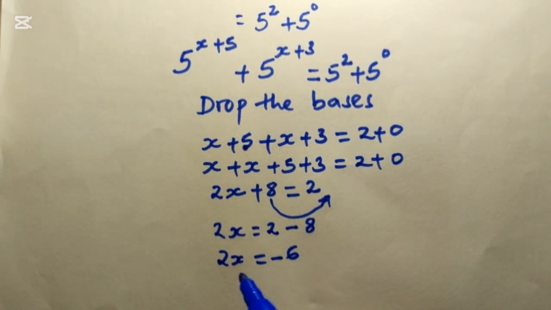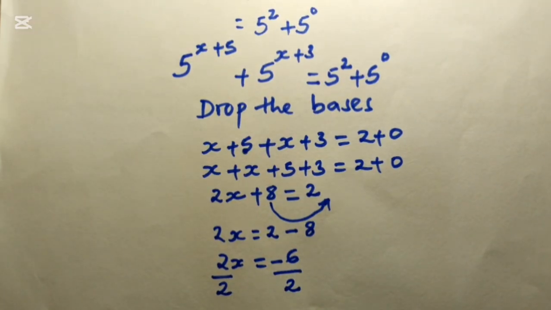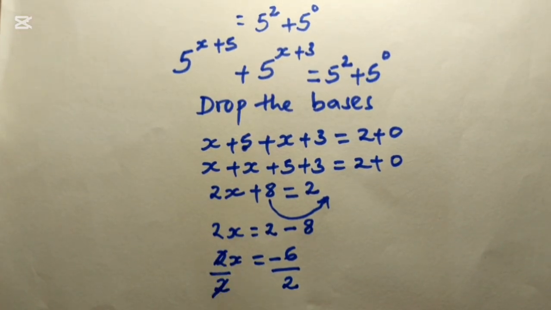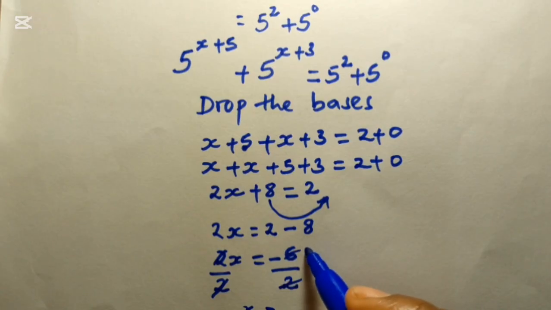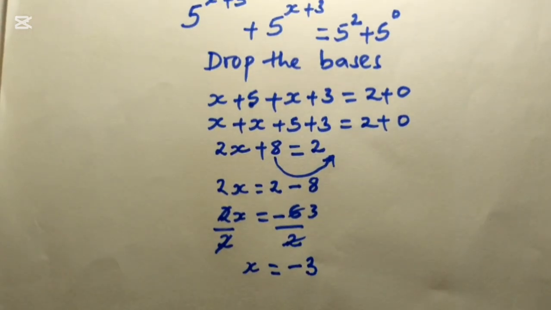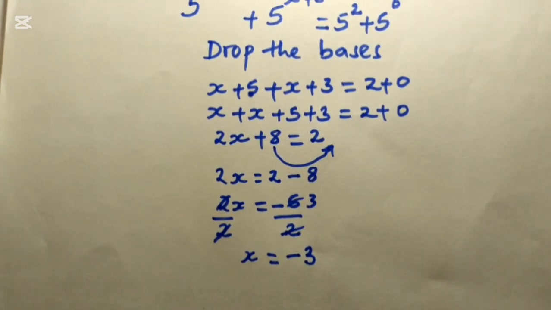Dividing through by 2 to remain with x, 2 cancels 2 to have 1x, which is just x, and x will be equal to negative 6 divided by 2, which is negative 3.